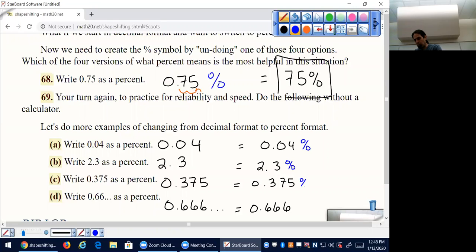So again, for all of them, I want to just put on a percent. I can't just do that though, that changes the number. So I have to do the opposite also to undo that and get back where I started. And so the opposite is 2 to the right.